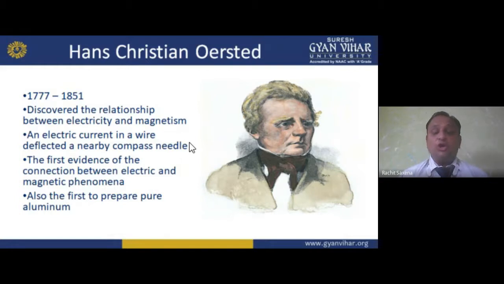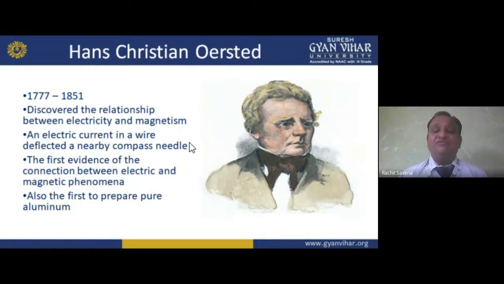So a wire carrying electric current deflects a nearby compass. The first evidence of a connection between electric and magnetic phenomena was given by Hans Christian Oersted. He was also the first to prepare pure aluminum.